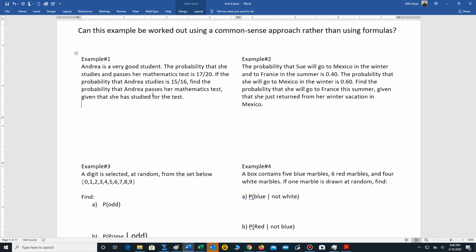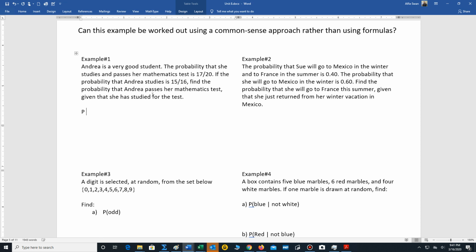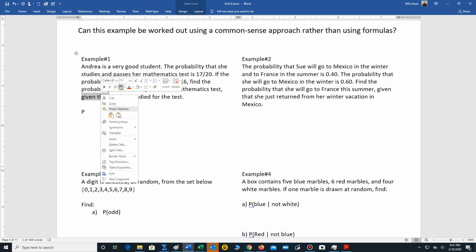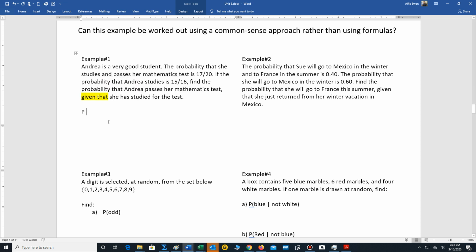Let's set this up. Once again, you see the two keywords, "given that." That's letting us know we're dealing with a conditional probability.